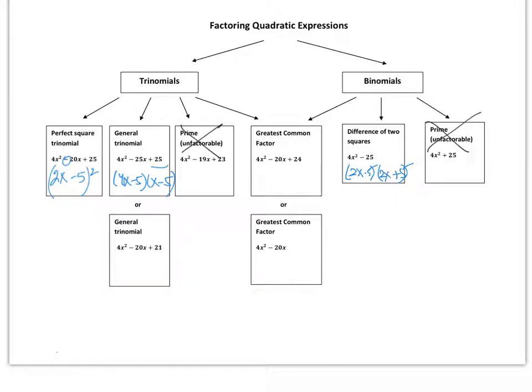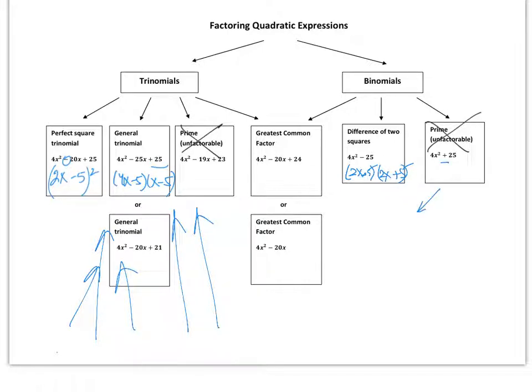Just one quick note. Just recognizing that it's a difference of squares allows you to skip all these trial and errors we had to do here. So it's definitely beneficial. What's important to remember is that it must be a difference to be factorable. If it's a sum of squares, you cannot factor it.